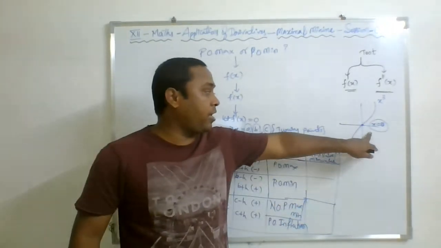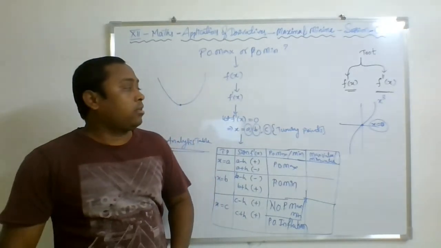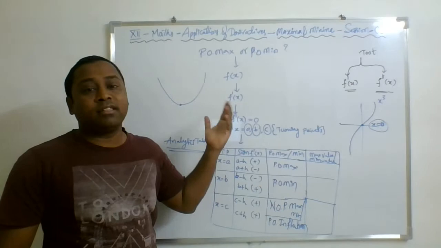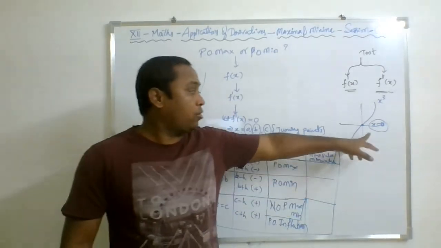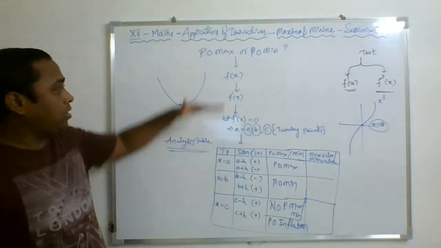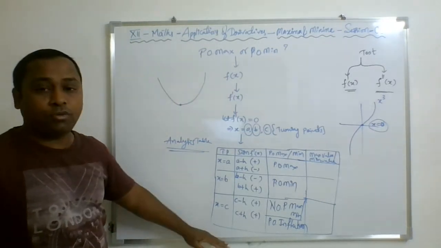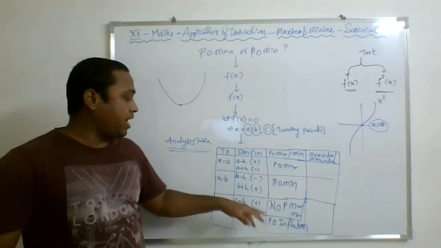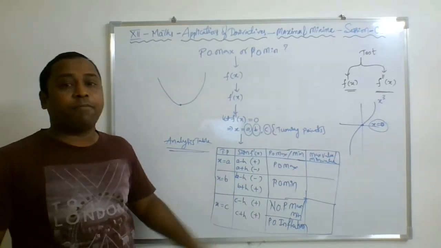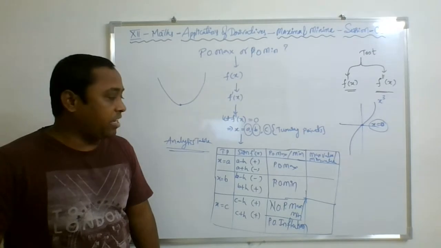But at this turning point the graph neither attains the minimum value nor the maximum value. We will discuss later on through a question. So this is a proforma you need to follow. Then you will decide which turning point is the point of maxima and which is the point of minima.